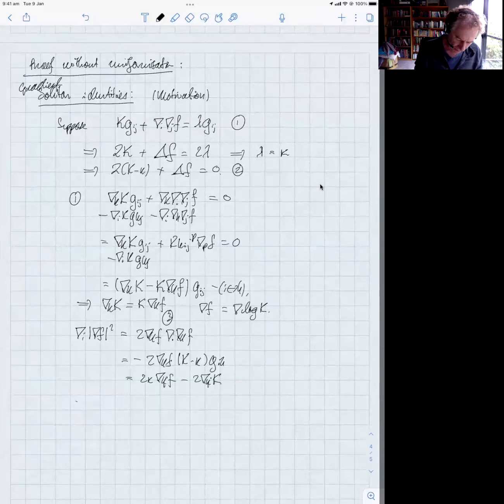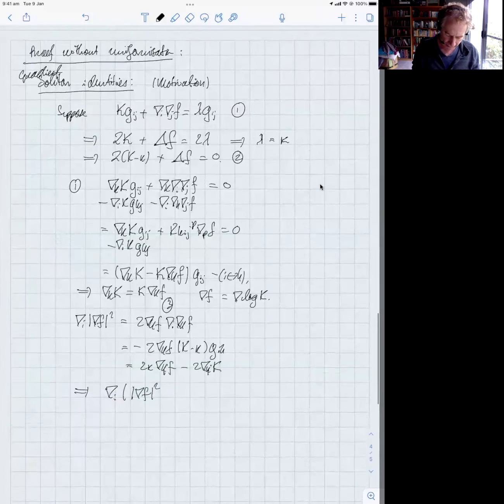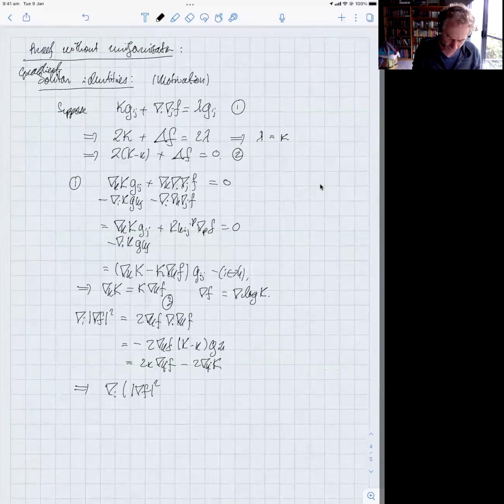So that becomes gradient i of gradient f squared plus 2 gradient of k, which is also gradient of k minus kappa, so I'm going to write it that way. And then minus 2 kappa f is 0.